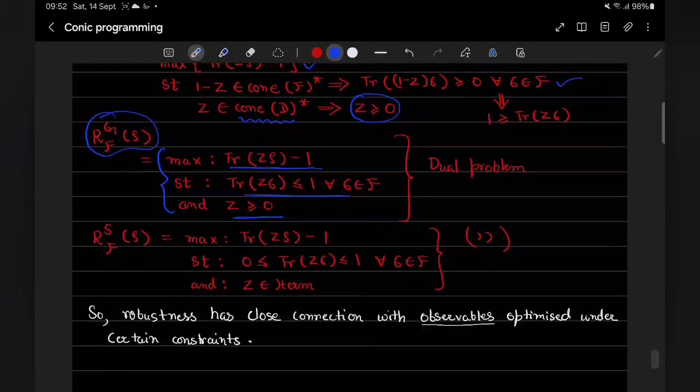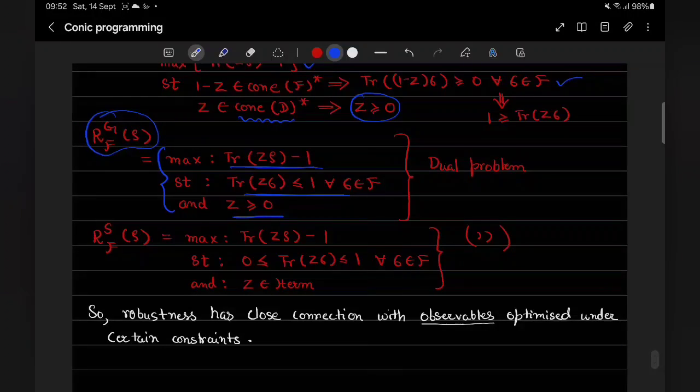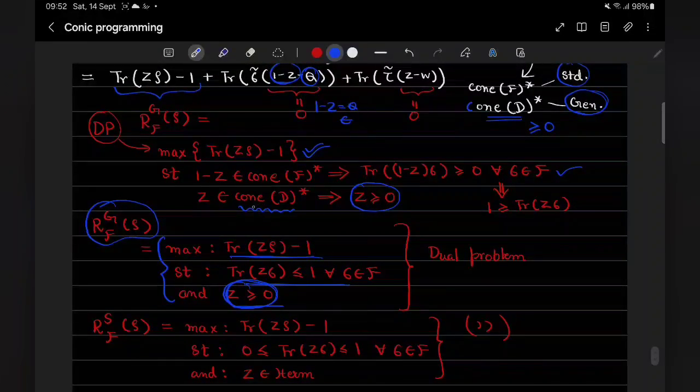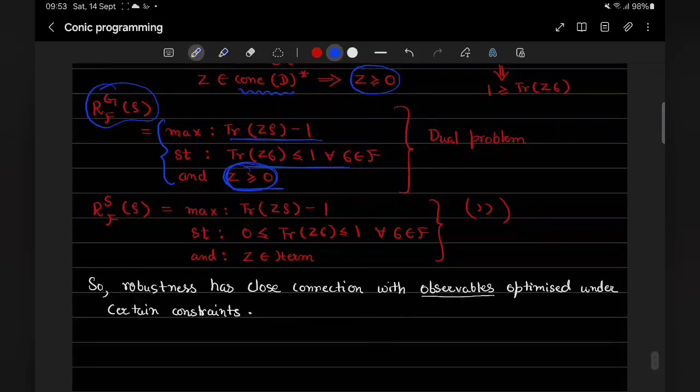Similarly, you can also calculate the standard robustness. Here z greater than or equal to 0 does not play a role. This is because I have a reduced space of constraint, where the constraint is not that it belongs to positive semi-definite matrices, rather it belongs to the set of free states. So you are adding only separable states to your entangled state and not any state. This means that your constraints will change.